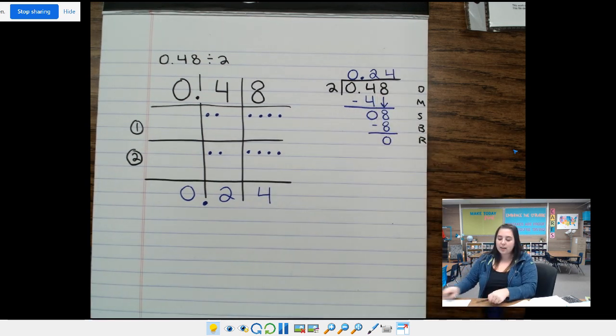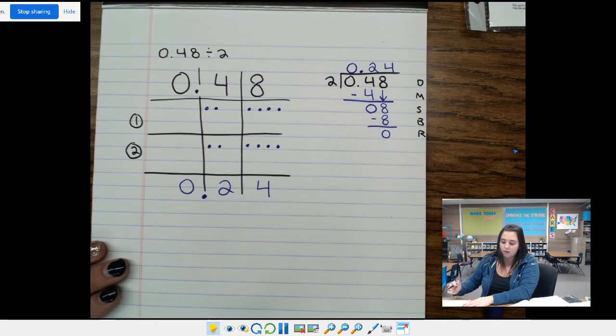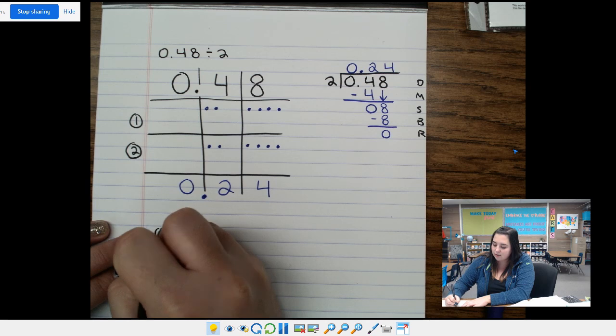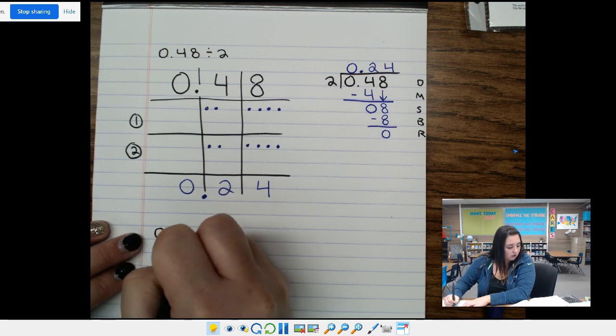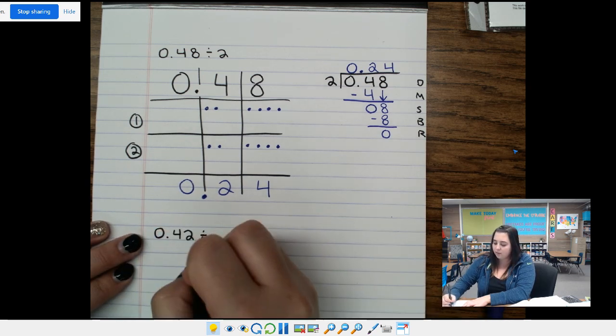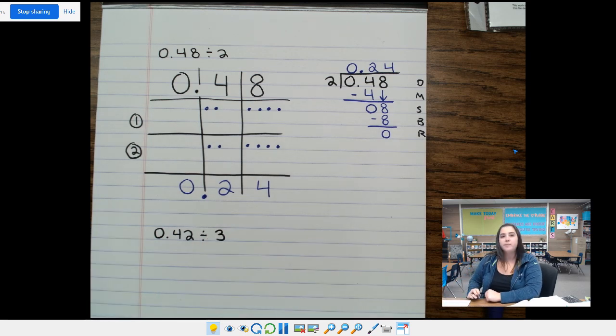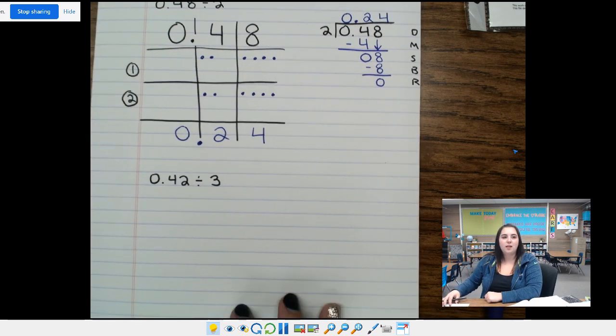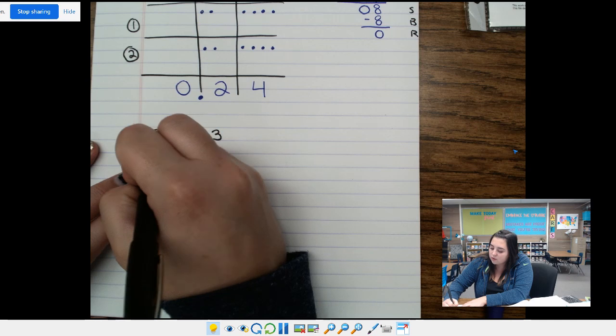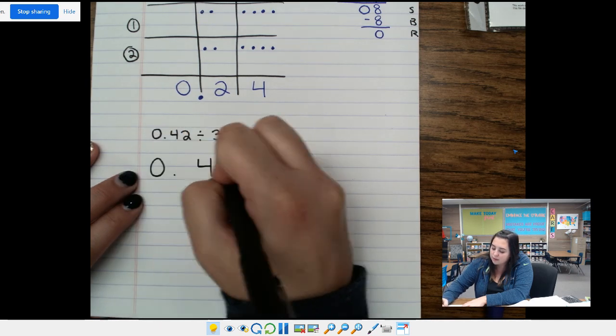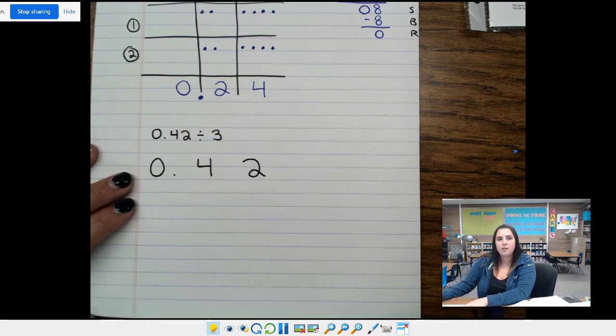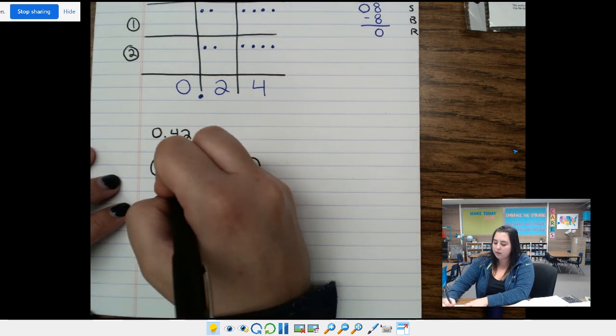All right, let's try this again with another number. So if you're doing this on your whiteboard, you can erase. This time, let's do 0.42 divided by 3. All right, once again, let's rewrite this number. I'm going to space it out a little bit and create our place value chart.